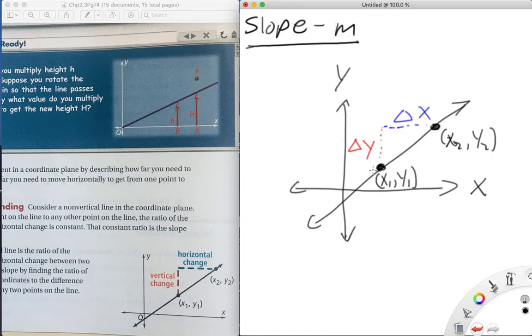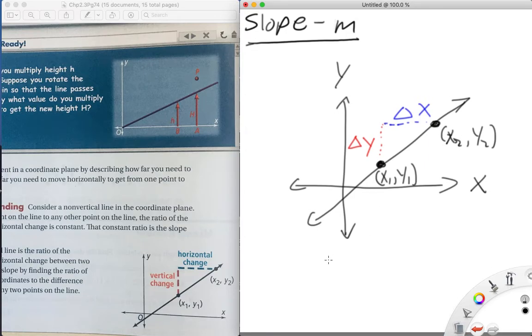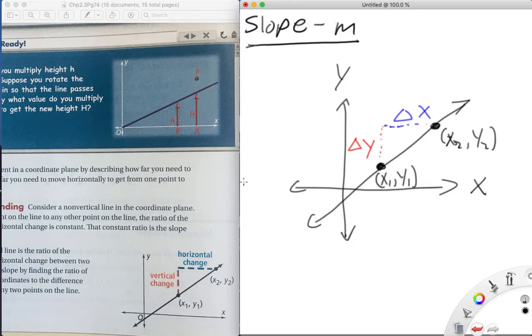So the slope is the vertical change over the horizontal change.